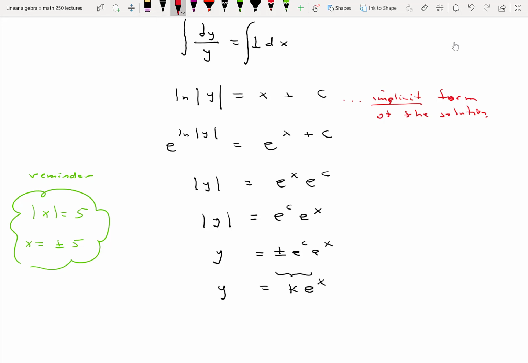This is an explicit form of the general solution. Implicit was above, also a general solution. If I'm not explicit, no pun intended, on a test, then an implicit solution would be fine.